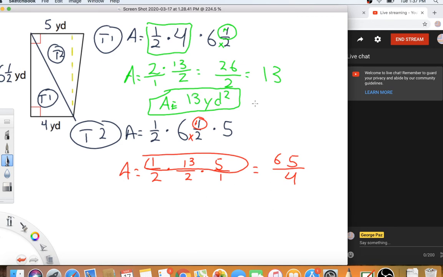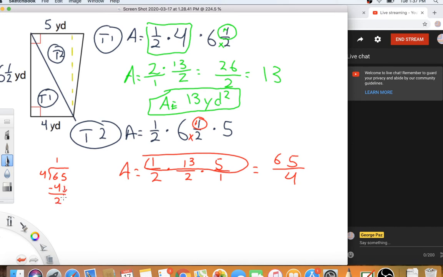This time, when I divide, I'm not going to get a perfect number. Actually, I'm going to get a fraction left over. So we're going to do 65. We're not going to have enough space there. Let's make it smaller. 65 divided by 4. 4 times 1 is 4.